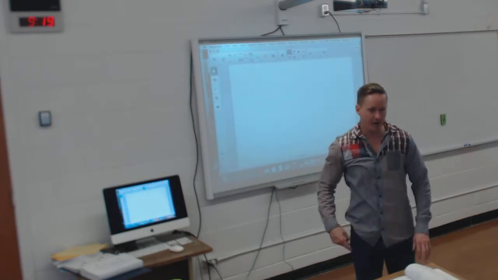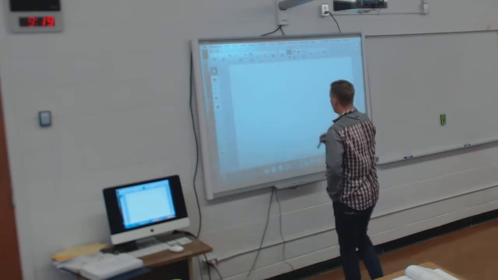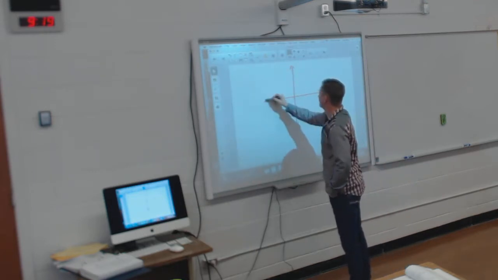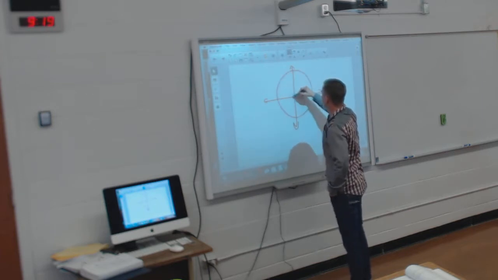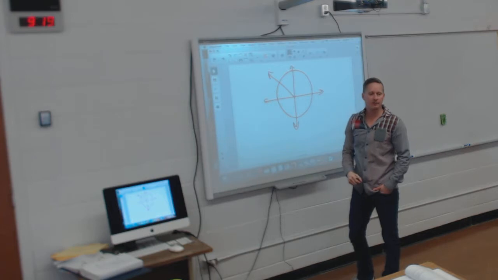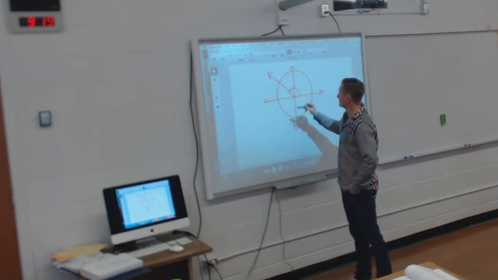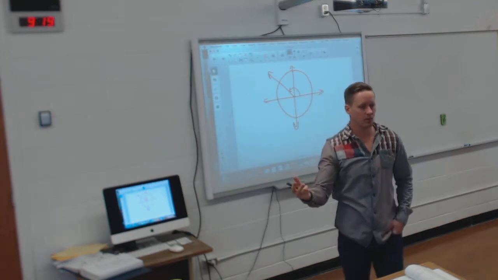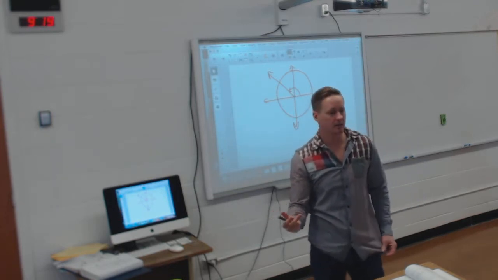So 135. To draw it out, right there, right? What is the reference angle for 135 degrees? 45. So what does that measure as a radian?